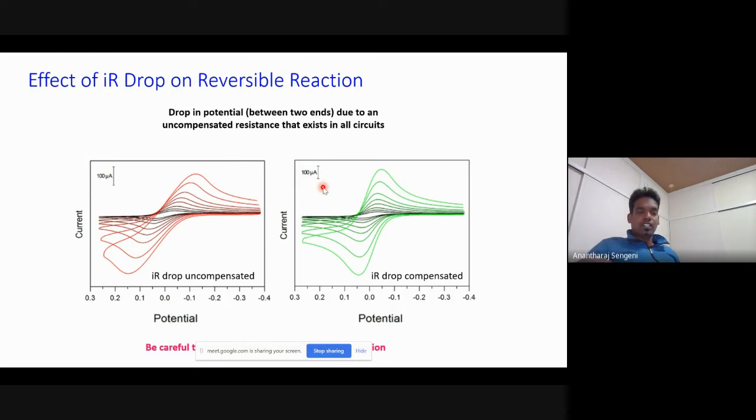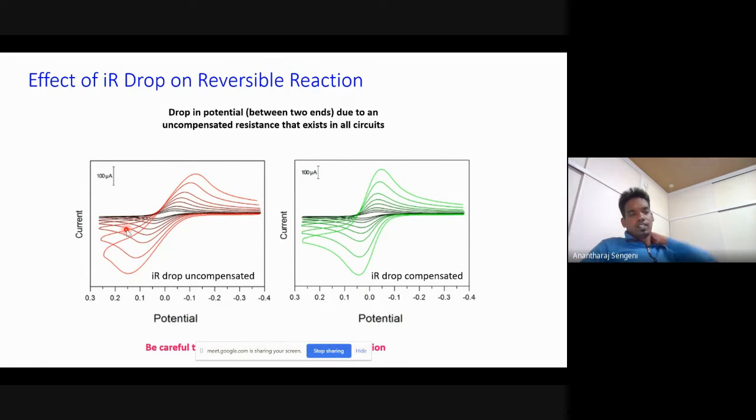Having seen this, we should understand one thing. Suppose you see a CV feature such as this one: with increasing scan rate, the current is increasing, but the peak potential is also increasing in the cathodic and anodic directions. This is similar to what we have seen with a quasi-reversible reaction.